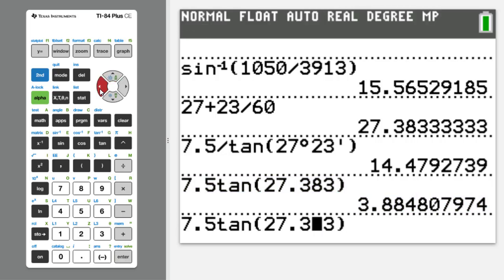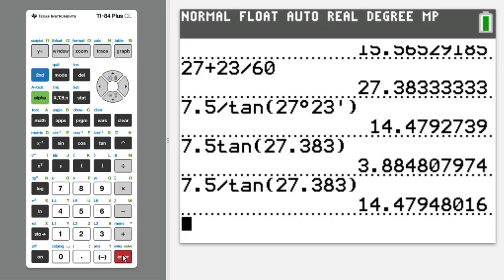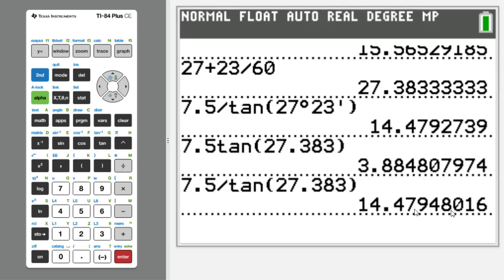Let's go back and insert that in. Insert divide. Notice it gives me 14.4794 instead of 4792, so it was still close enough in my mind that we probably still would have made the decision to round to 14.5.